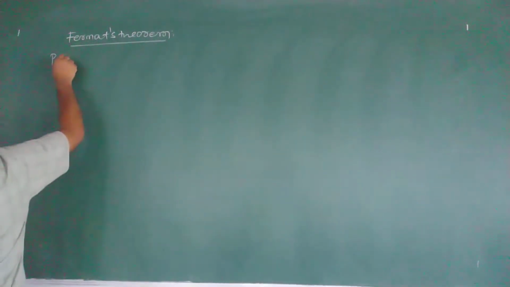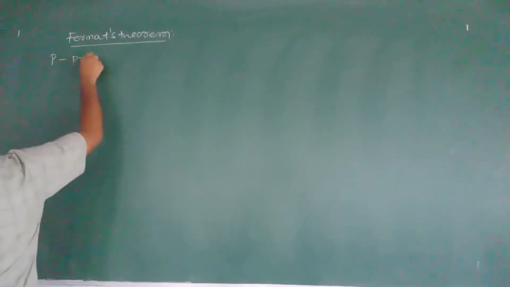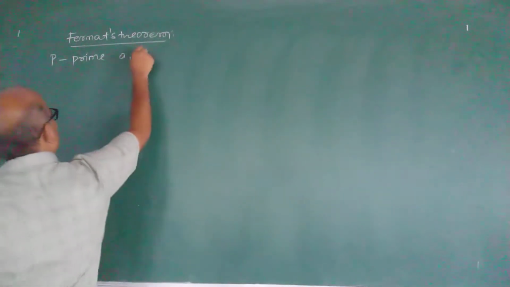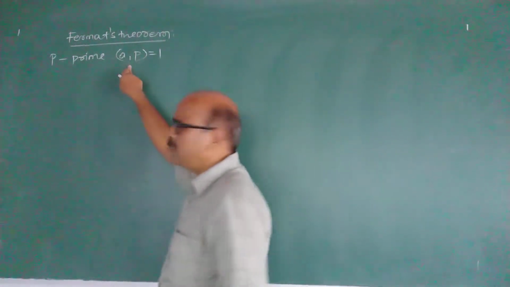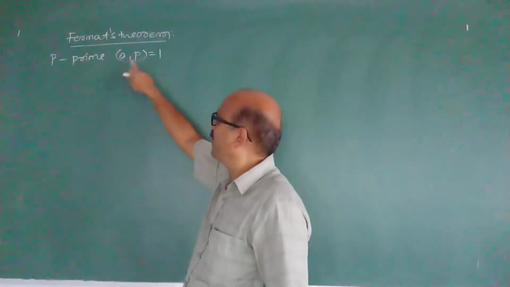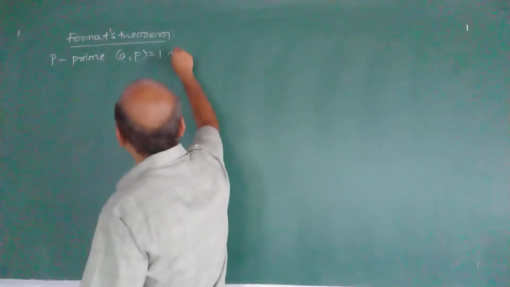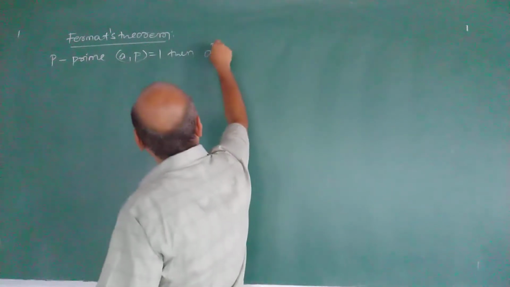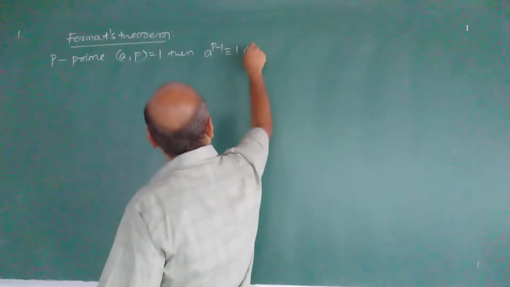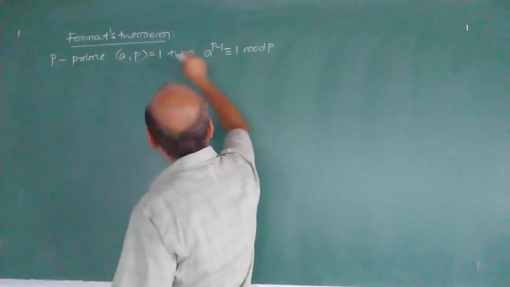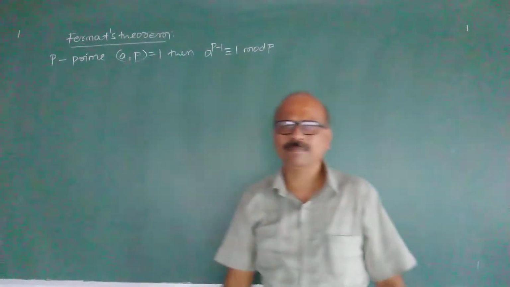Suppose P is any prime number, A is any positive integer so that A and P are relatively prime, then A raised to P minus 1 is 1 mod P. This is Fermat's theorem.